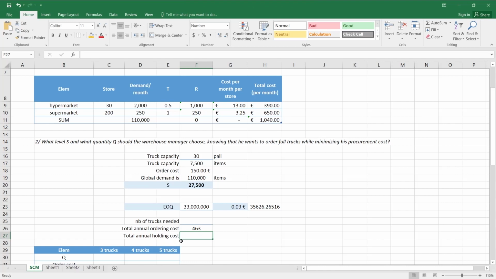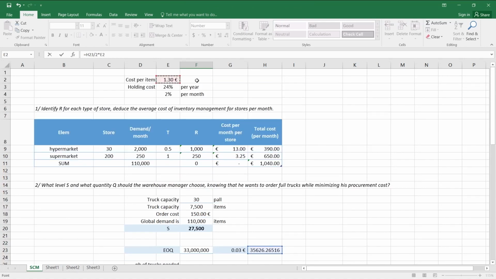Okay, let's calculate now the annual holding cost, and our total annual holding cost will be the economic order quantity divided by 2 times our holding cost. So I'm going to insert 2 times our holding cost, which is 1.30 times 2%.